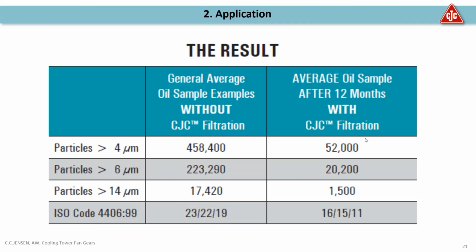And the average oil sample for gearboxes with filtration installed is a 15/11. So you can very comfortably assume that you will extend the life of your gears and the bearings by anywhere between 4 to 5 times. If water is present, even more.